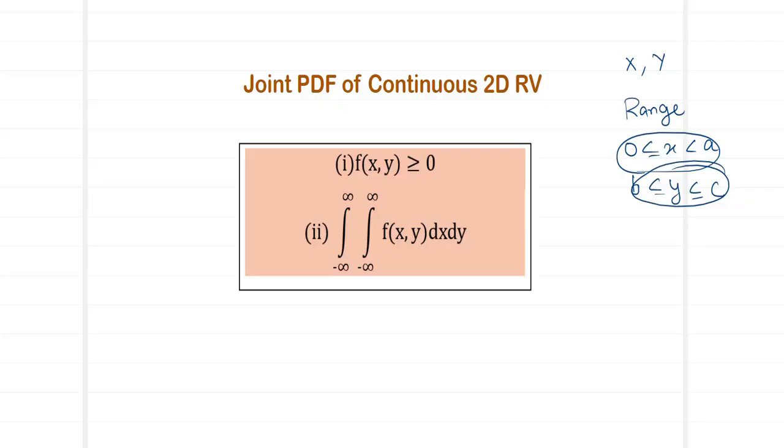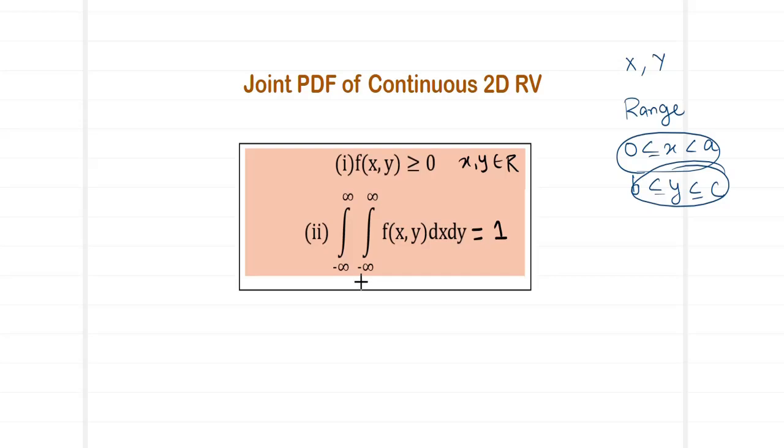Now going on to the definition, we say the joint PDF of a continuous two-dimensional random variable is going to satisfy two conditions basically. The first condition being f of x comma y must be greater than or equal to 0 for all the values of x and y that belong to your range space R. Now the second condition is that the integral from minus infinity to infinity of f of x comma y dx dy must add up to the value 1.